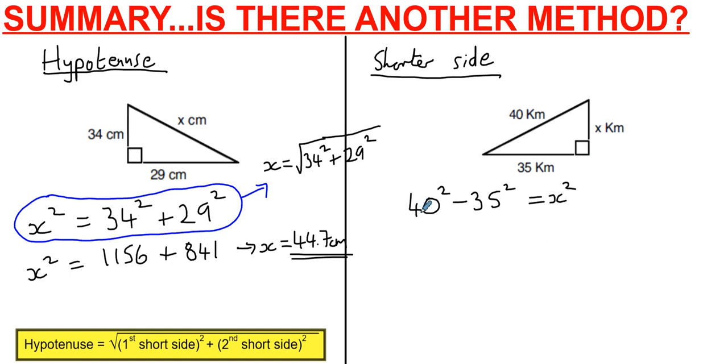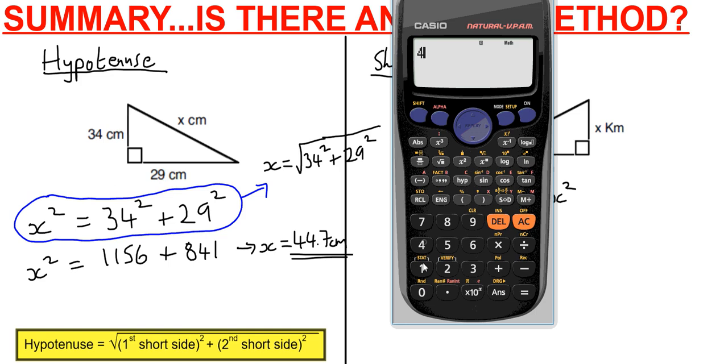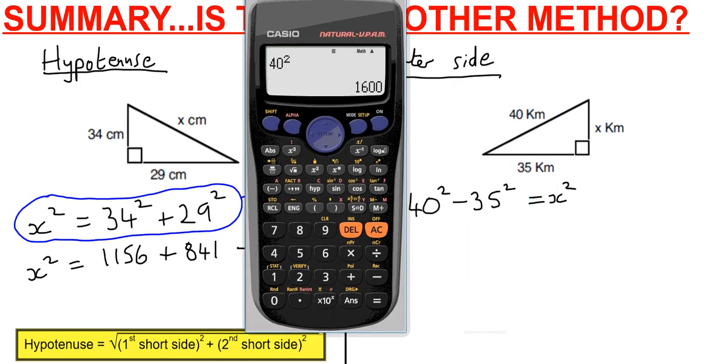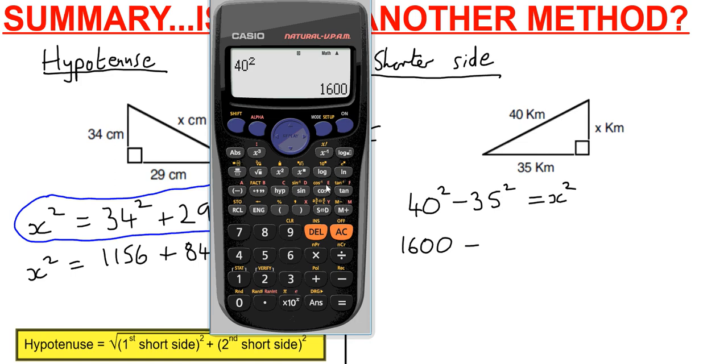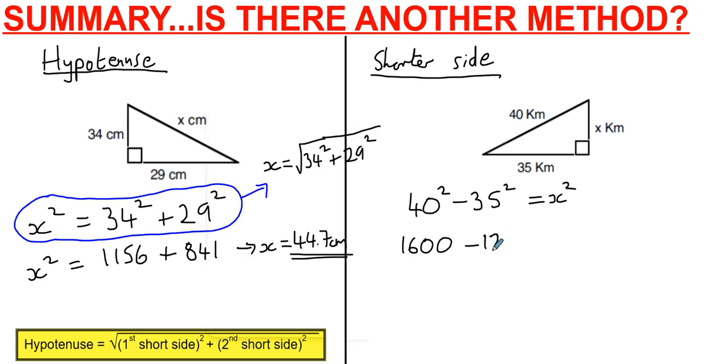And so again, we can work this out separately. So 40 squared is 1600. And 35 squared, what does that come to? It comes to 1225. And that equals x squared.